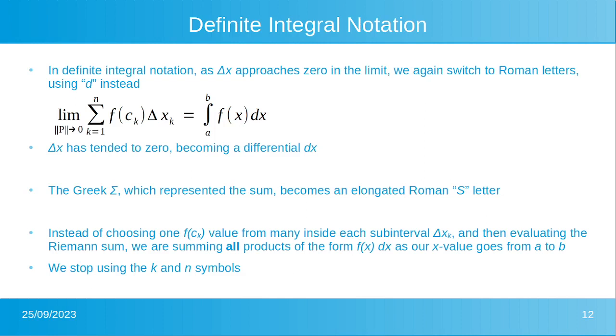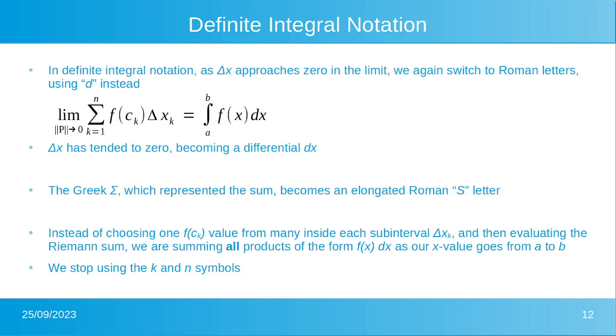That's here in this equation at the top of the screen. So as delta x has tended to 0, we've now got a differential dx. And the Greek capital letter sigma, which represented the sum, becomes an elongated Roman s letter, still representing the sum of the products f of x dx.